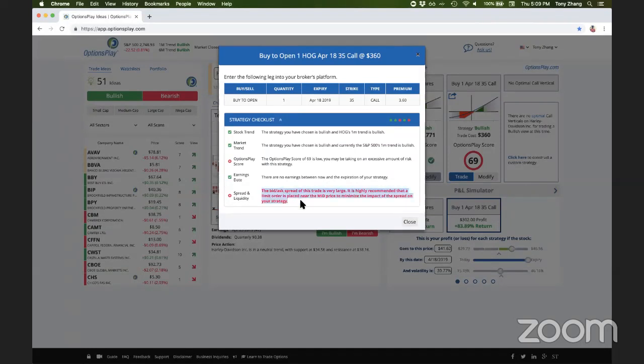That's why our strategy checklist looks at the spread and liquidity of this and tells you that the bid-ask spread of this trade is very large. There are a lot of inputs that go into it, but that's why we have a tool on our platform that determines whether the spread is small or large.